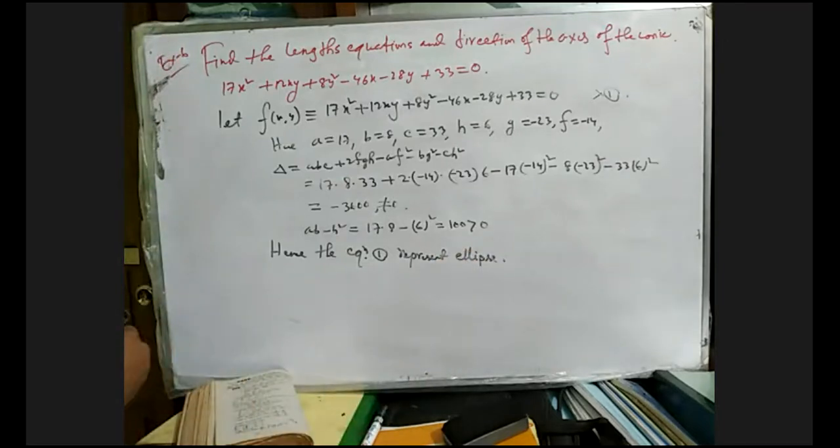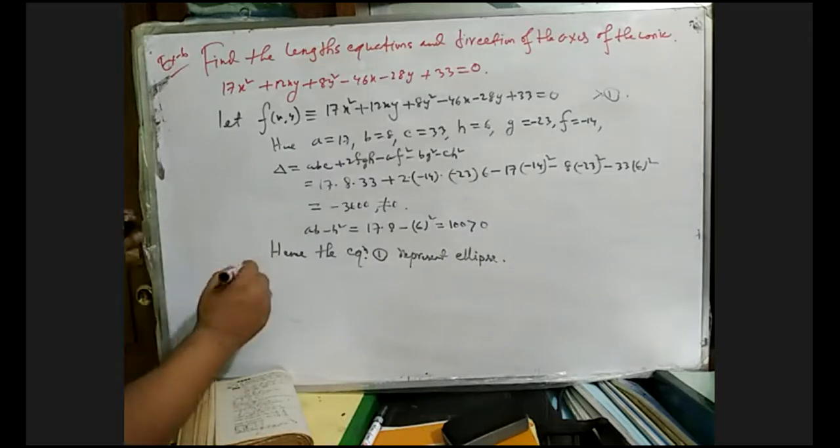Okay, now you can find the center by taking partial differentiation of f with respect to alpha and with respect to beta.